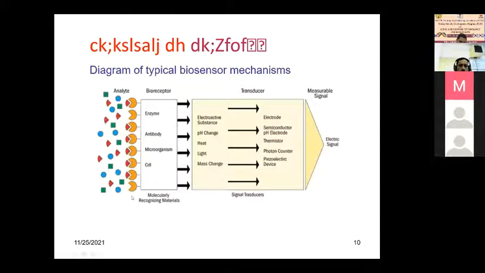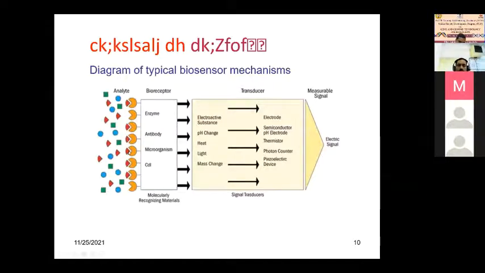You put and immobilize it here, mostly by covalent linking. Then you have the sample material, which contains the analyte, and that analyte interacts specifically with the bioreceptors available on the surface.